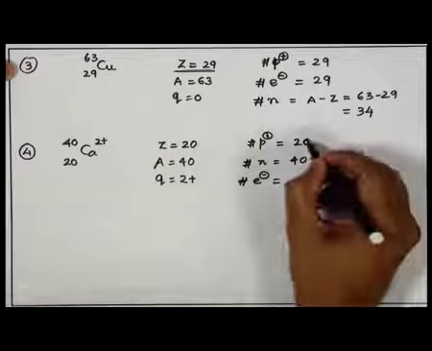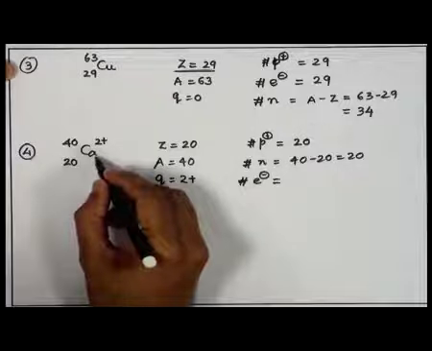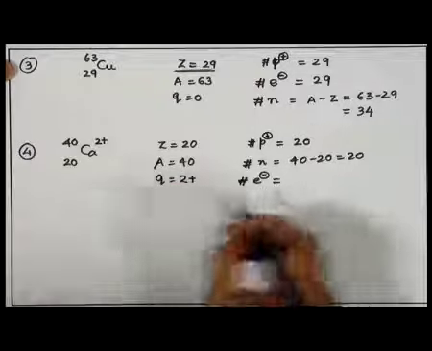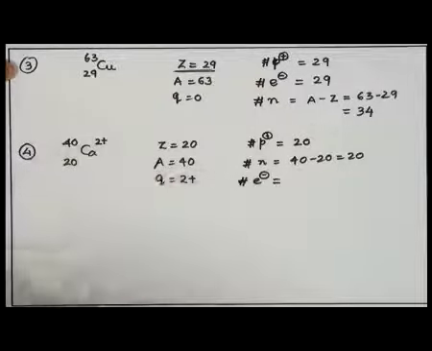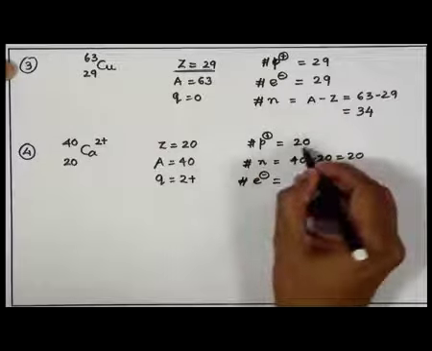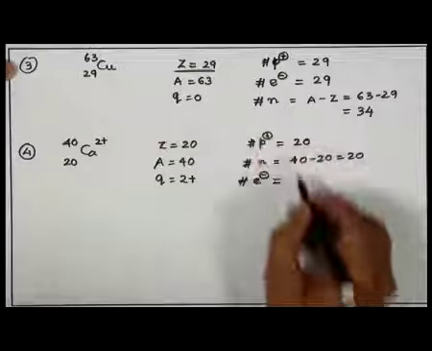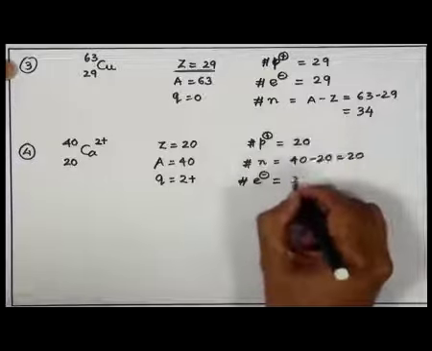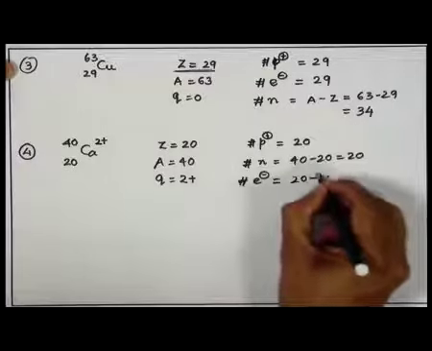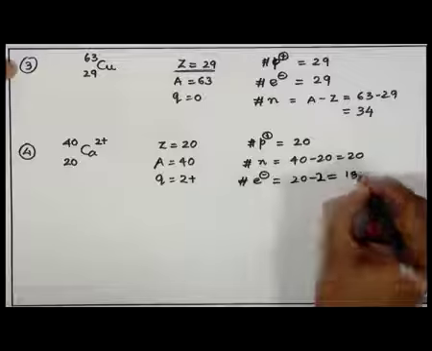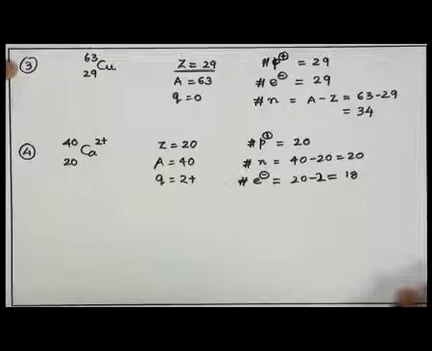So, I have 20 protons and the atom has 2 positive charges. That means the number of electrons in this atom must be 2 less than the number of protons. So, if the number of protons is 20, the number of electrons is 20 minus 2, which is 18. All right. We will take a few more examples because this is a very important concept.